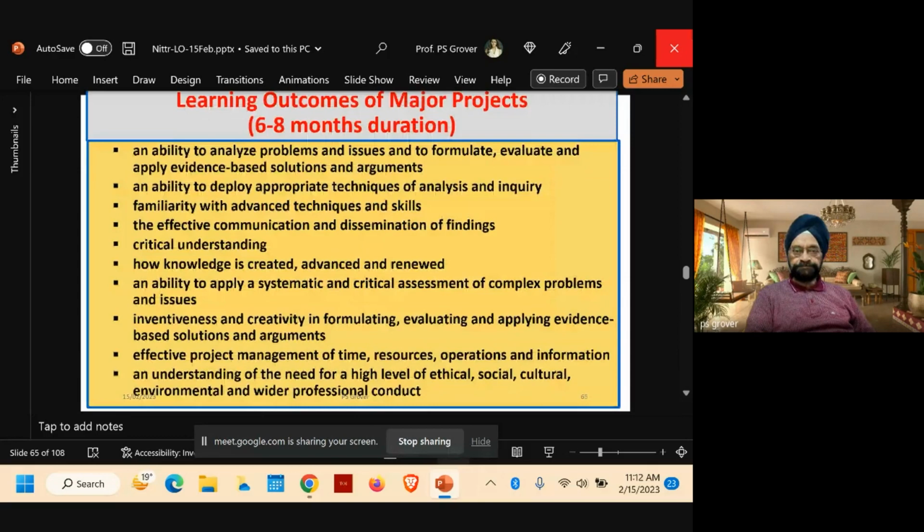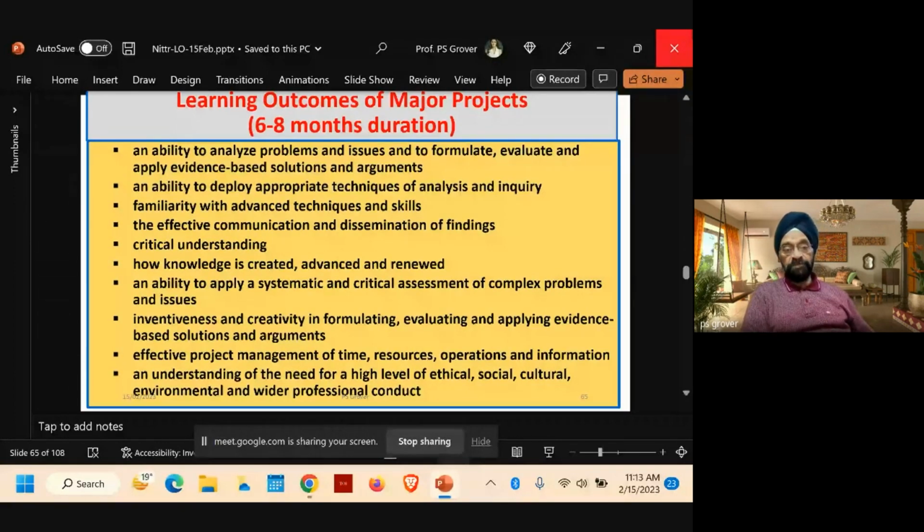Projects, especially when they are 6 to 8 months long, have a variety of learning outcomes. There is discipline, there is skill, there is the affective domain, there is the psychomotor domain, depending on the type of project. There is a theoretical project, a lab-oriented project, an experimental project, and so on.